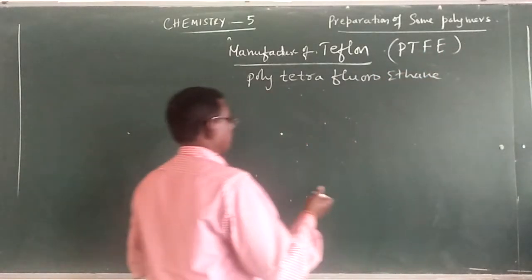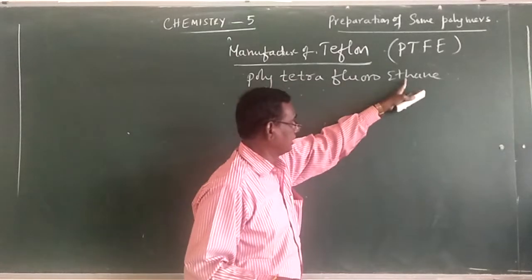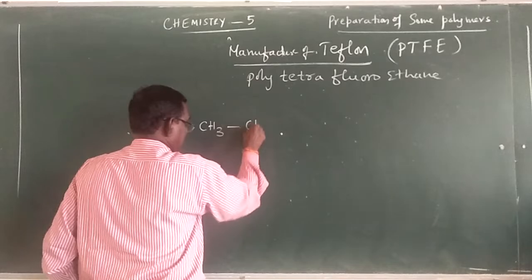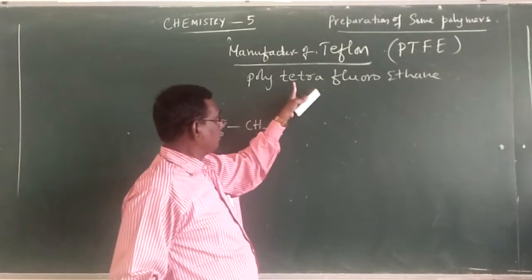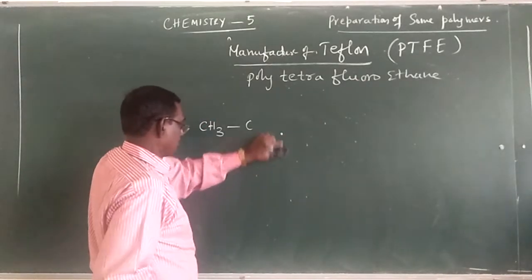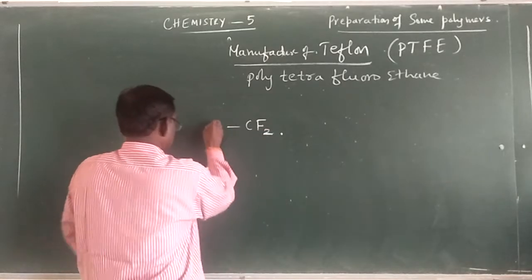So what is the formula for tetrafluoroethane? What is the formula for ethane? That is CH3 single bond CH3. This is ethane. But in the ethane we are going to substitute 4 fluorine atoms. 4 fluorine atoms means instead of hydrogen atoms you have to write CF2, this is also CF2.